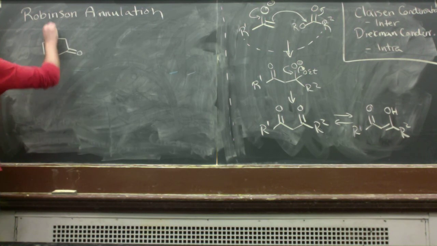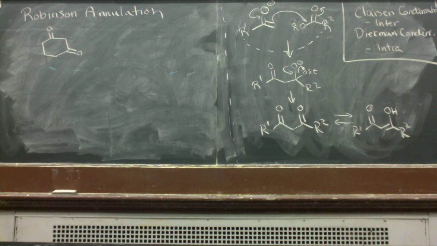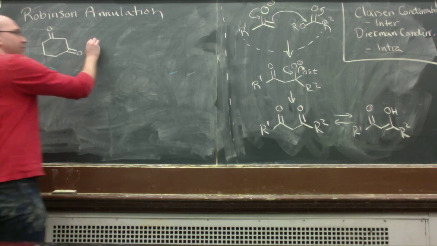I'll just show a famous version of the Robinson annulation to make a molecule that's been widely used. I actually have run this reaction. It was one of the first reactions I ran as a graduate student.